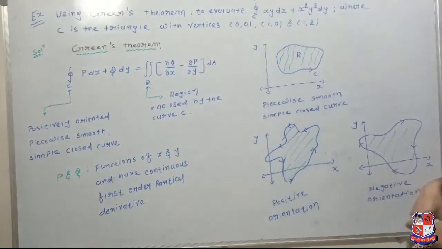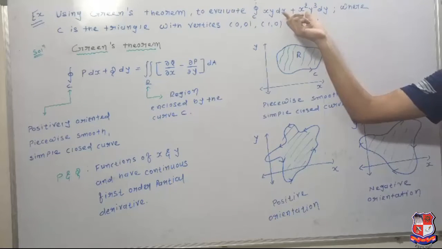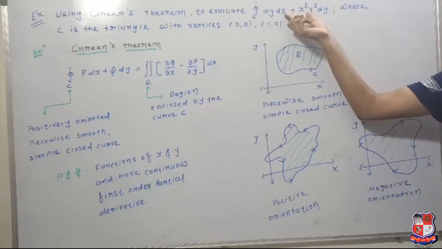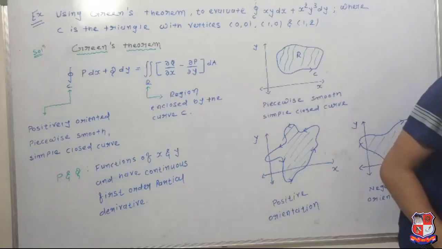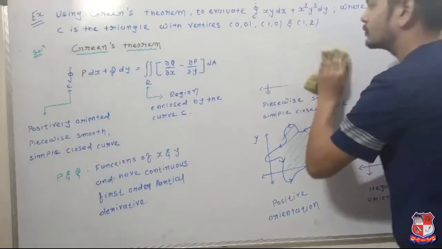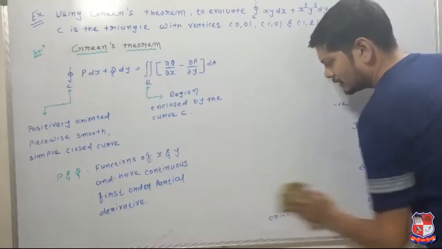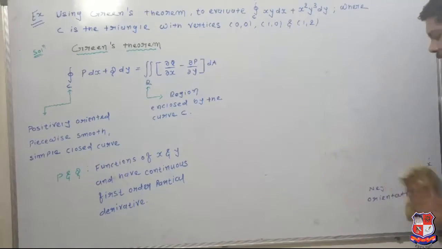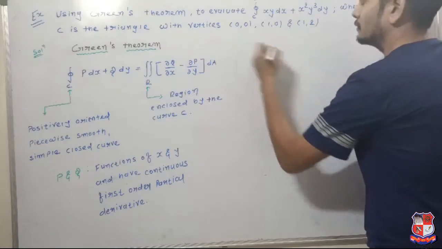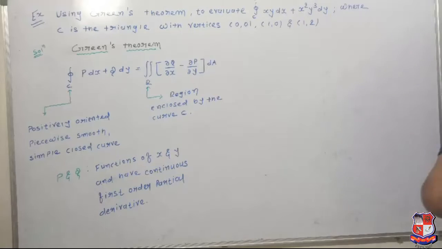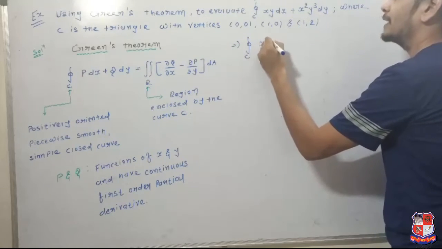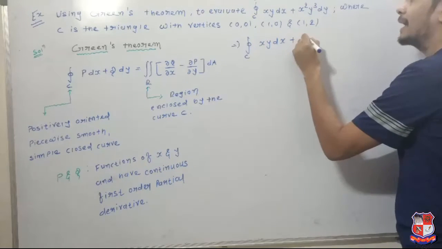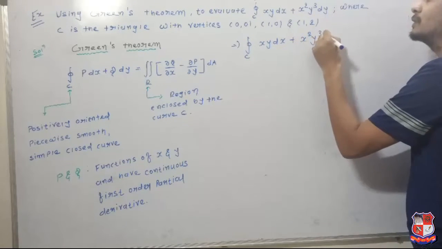Now the question is, we need to find the integral of this term, xy dx plus x square y cube dy. So first question is, how to identify P and Q. Here it is given xy dx plus x square y cube dy.